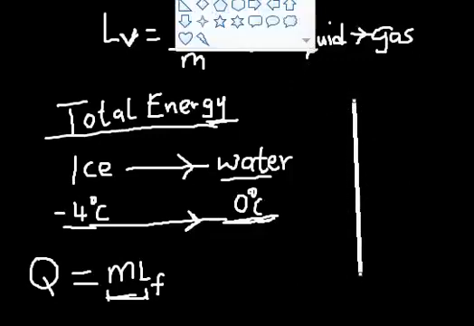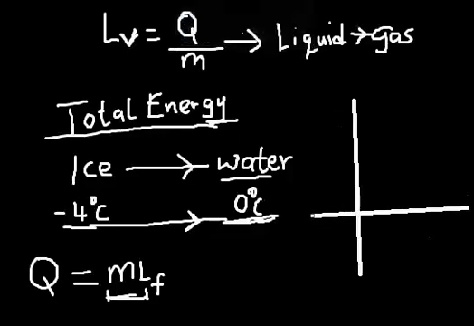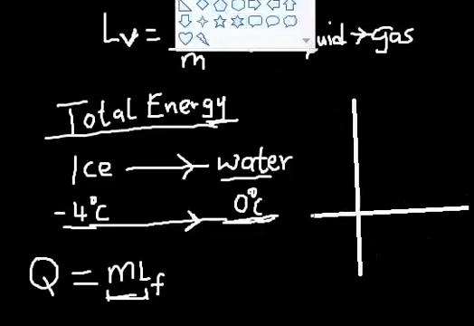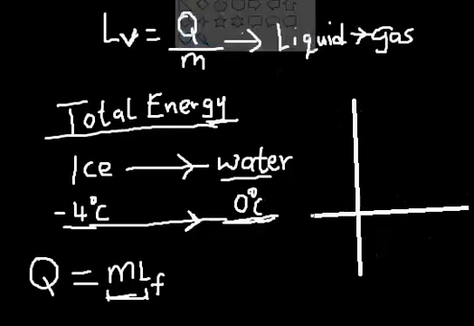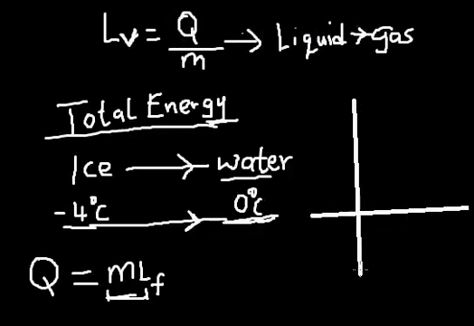So I have to raise the temperature before the latent heat kicks in. This energy required to raise the temperature from here to here is different from the energy required to melt the ice completely.